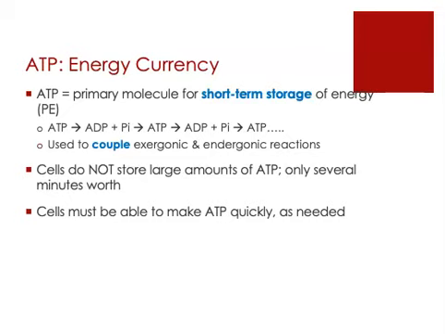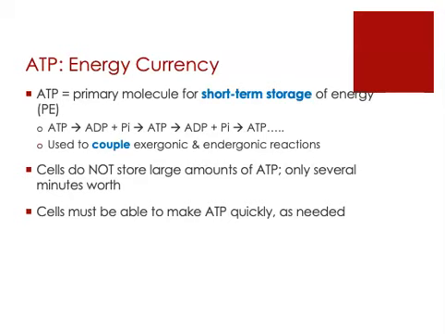And all of this elaborate microbial metabolism is directed to the goal of making ATP. ATP, remember, is what we sometimes call the energy currency of living cells because it's a critical molecule for the short-term storage of energy.